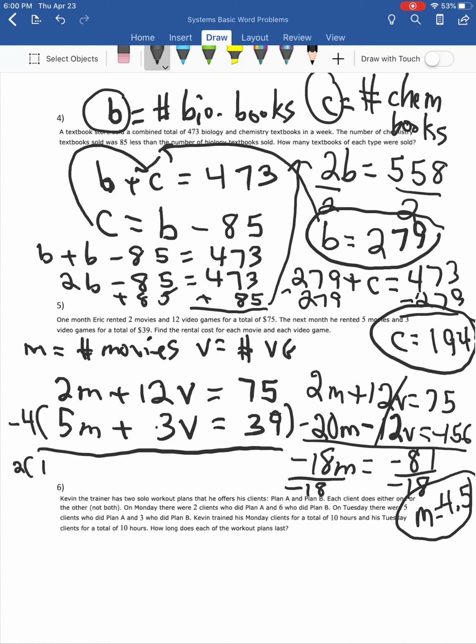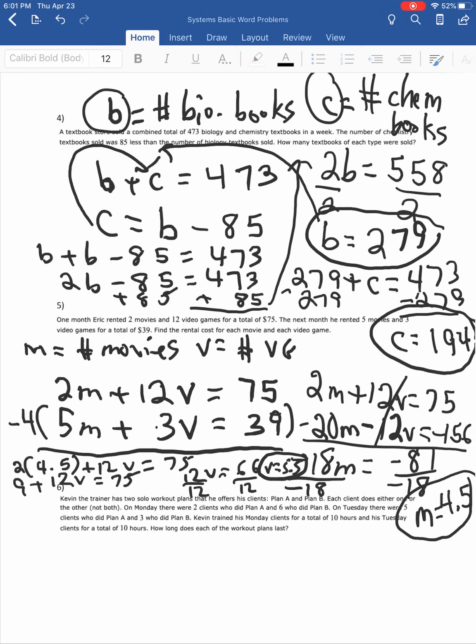I'm going to go 2 times 4.5 plus 12V equals 75. 9 plus 12V equals 75. And we subtract 9 from both sides, we're going to get 12V equals 66, divided by 12. And V is going to be 5.5. Sorry, this got really crowded. Okay.